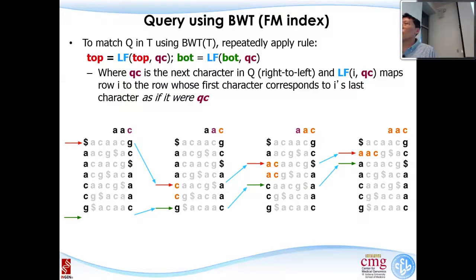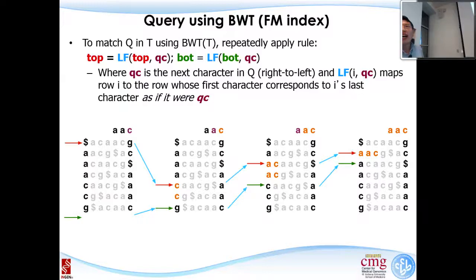Now I want to search whether AAC is in my original sequence. So this is my query. In a sense, this is my human genome, and this is a nucleotide sequence that I got from my sequencing experiment. Can I do that? How do I do that? The way to do that is just to narrow it down.